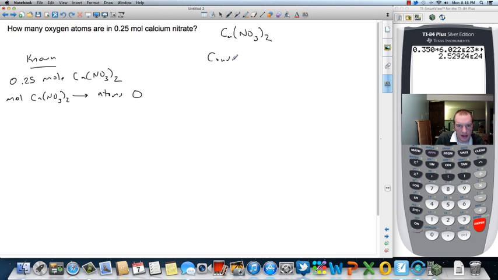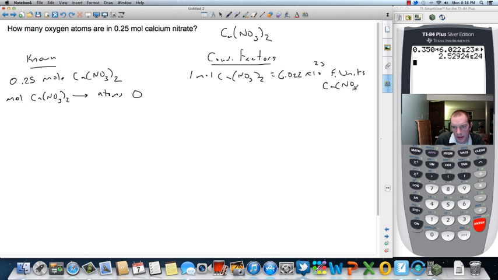Our conversion factors are going to be, to go from moles to molecules, we know that 1 mole of calcium nitrate, Ca(NO3)2, is going to equal, not molecules, but 6.022 times 10 to the 23rd formula units of Ca(NO3)2, because it's an ionic compound.